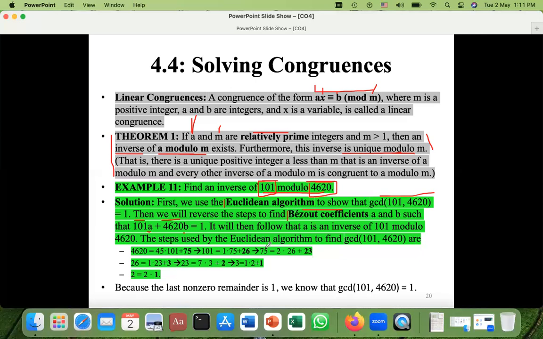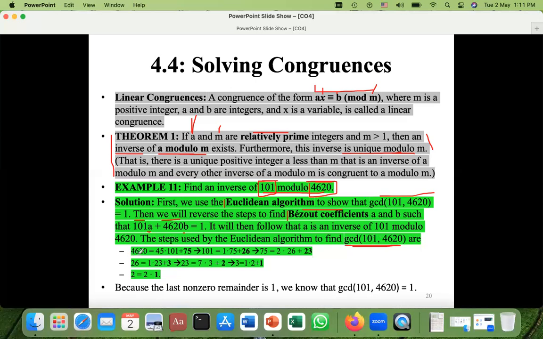Now, first step, use the Euclidean algorithm to check that the GCD of these two numbers is 1. For finding GCD through the Euclidean algorithm, you can divide the bigger integer with the smaller integer.